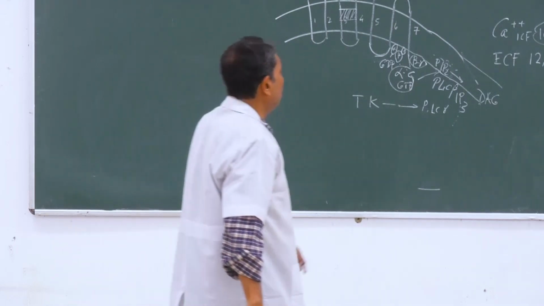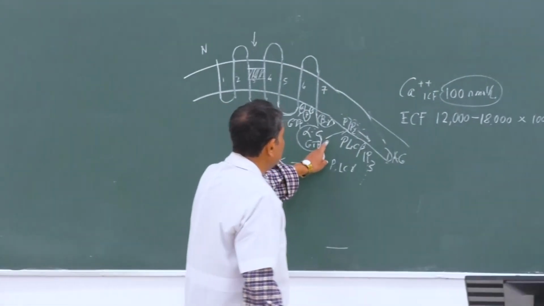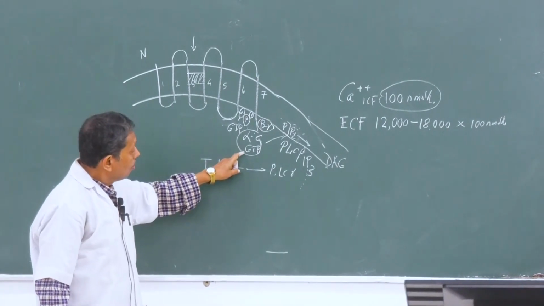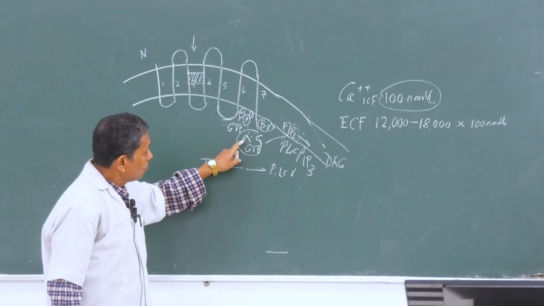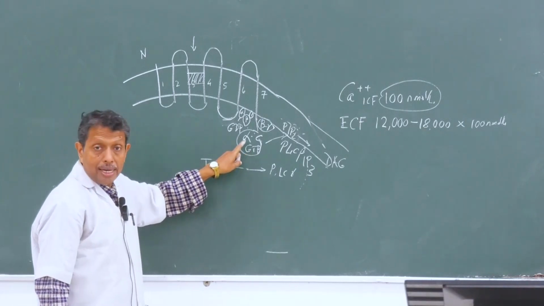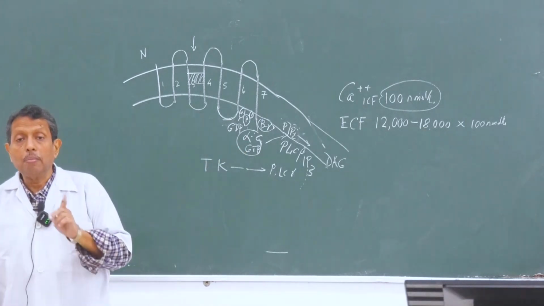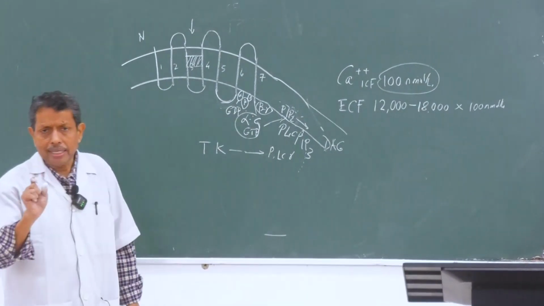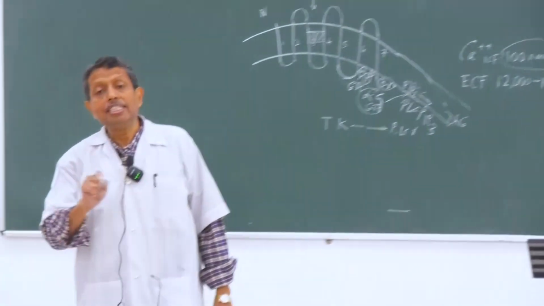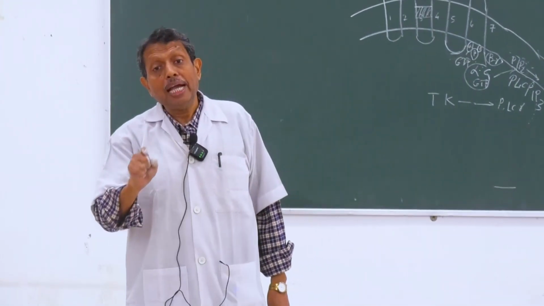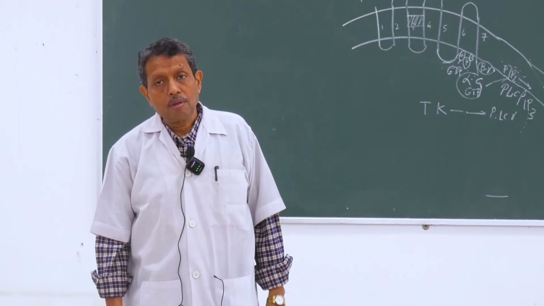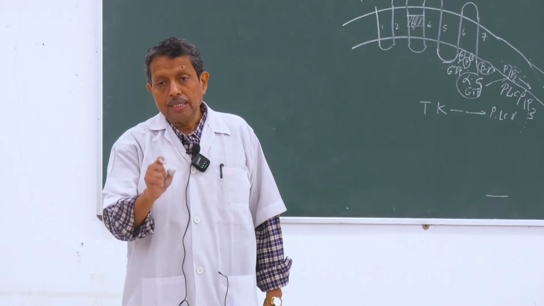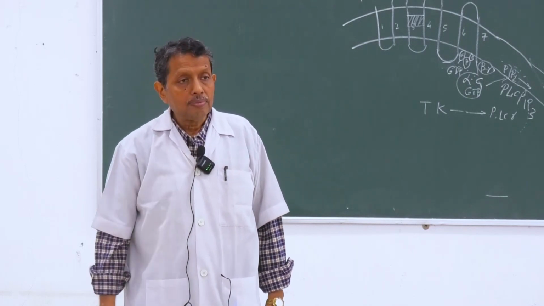And there are some regulators of these G proteins. They can cause hydrolysis of the GTP. You should remember that when this alpha GTP is formed, it has the inherent tendency of splitting the GTP. Inherent GTPase activity. And it is converted into GDP.